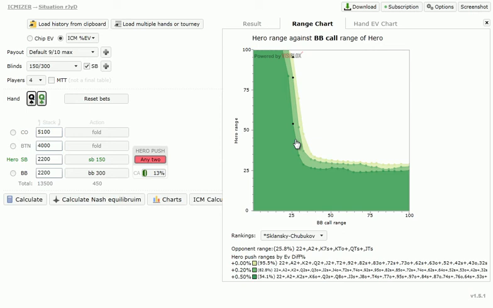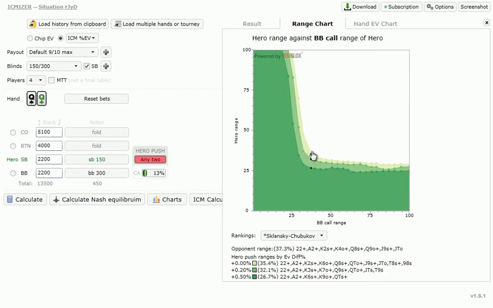So if the opponent is calling 25, we can see that hero can push 95% of hands, but if he's calling 32, we can only push 47% of hands, and if he calls 37, we can now only push 35% of hands.